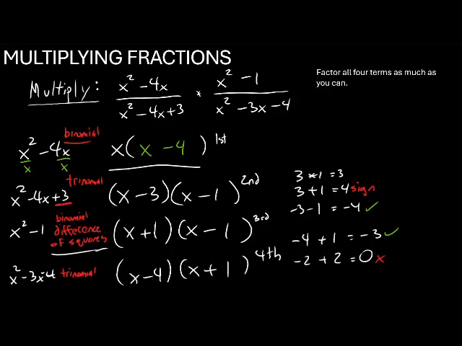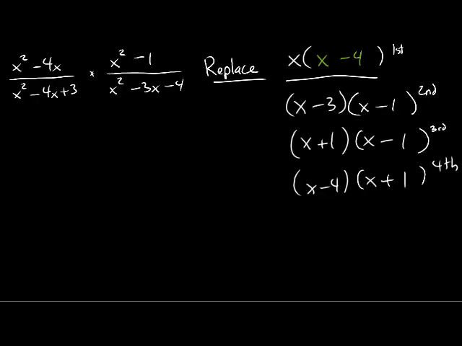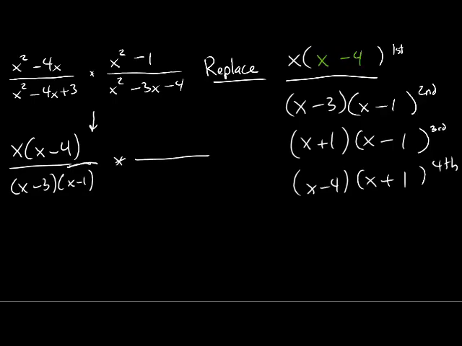Now, we'll replace our original binomials and trinomials by these factored forms. When we rewrite these fractions, we'll have x times x minus 4 on the top of the first fraction, x minus 3, x minus 1 on the bottom of that first fraction. Multiply on top now by x plus 1, x minus 1, and divide on the bottom by x minus 4, x plus 1.